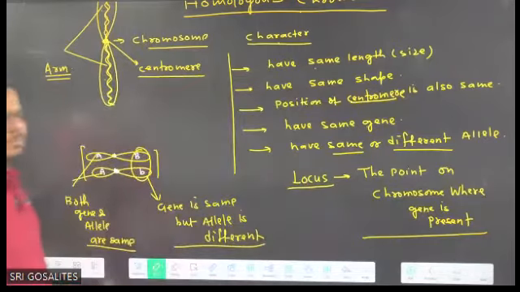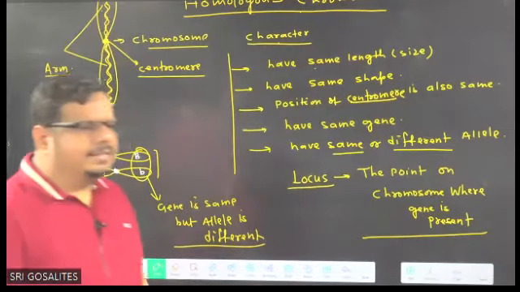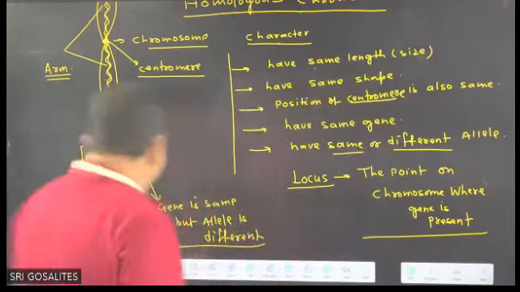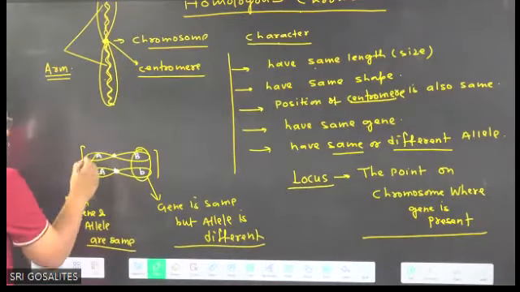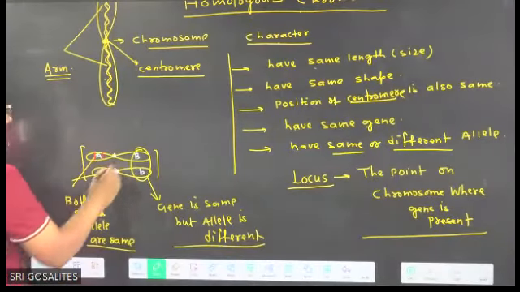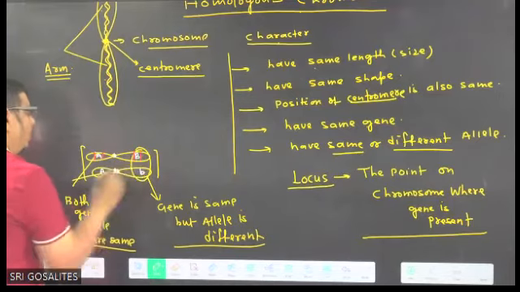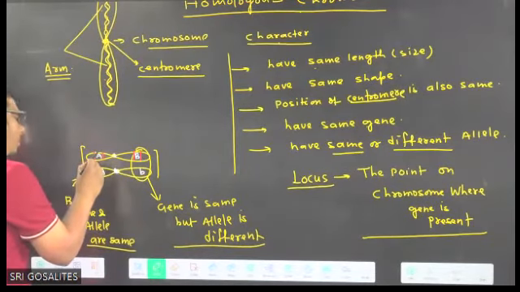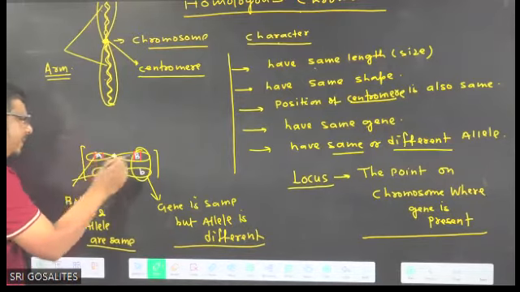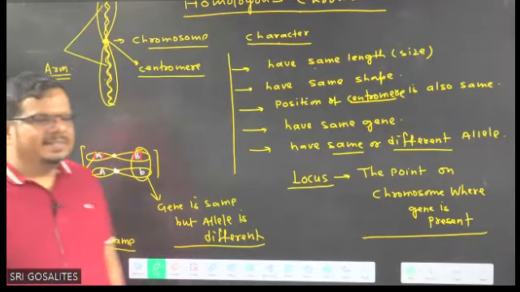The point of a chromosome where a gene is present is called what? Locus. Like here it is a locus. This is a locus, gene A is present at this point. Gene B is present at this point. So this is one locus, this is another locus. Gene A and gene B are present on different loci. Are you getting the idea?